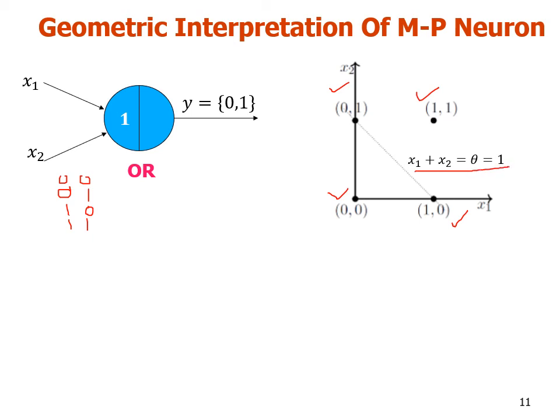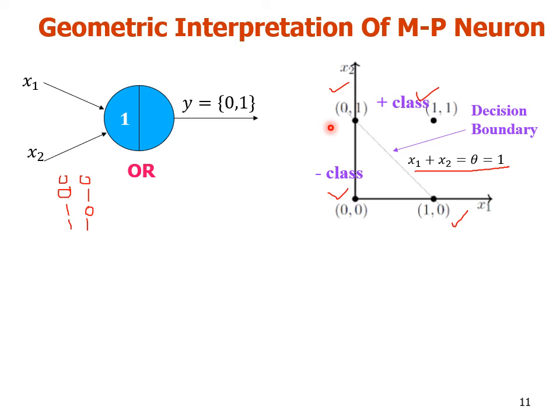So our thresholding function says that if x1 plus x2 is greater than or equal to 1, the neuron gets fired, otherwise it will not fire. So this is the OR function. The decision boundary is represented as x1 plus x2 equal to theta, and theta is 1. Please remember, we are plotting this only using the Boolean points and we do not have any kind of real number interpretation in this plot.